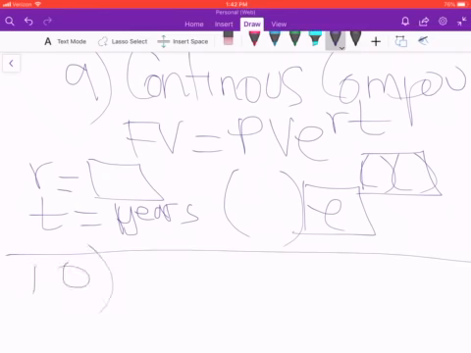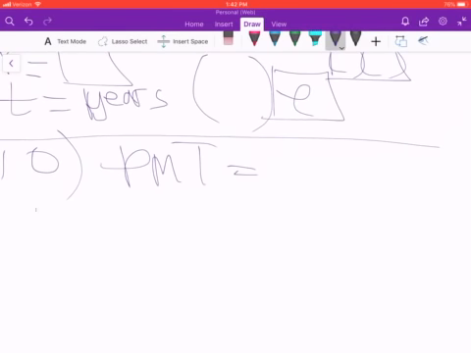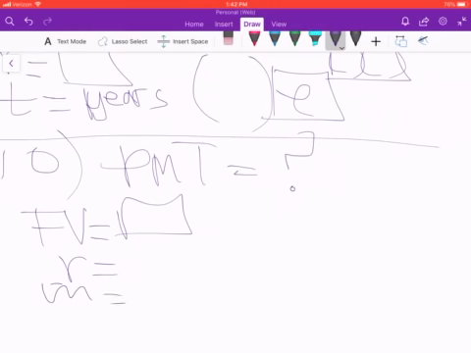For problem 10, you will be asked to find the payment by knowing the future value, the rate, the number of compounding periods, and the time.